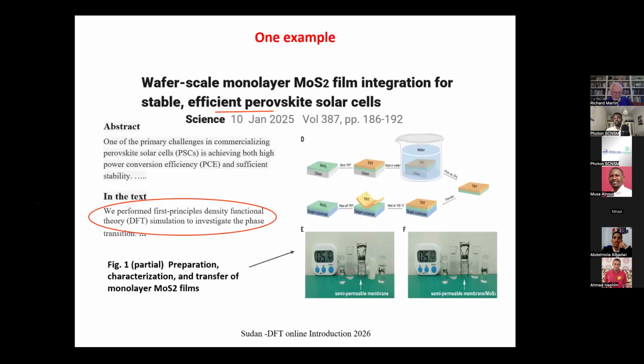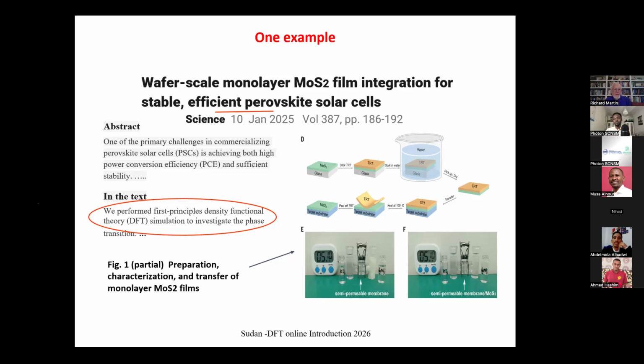And here's just one example. This was one of those surprises to me. Here's practical work attempting to make efficient perovskite solar cells. If you look at the abstract, it says one of the primary challenges in commercializing perovskite cells is achieving high efficiency while being stable.